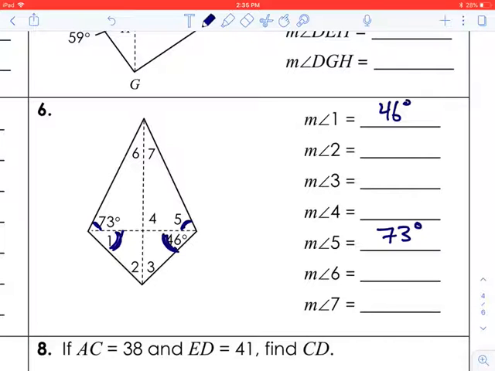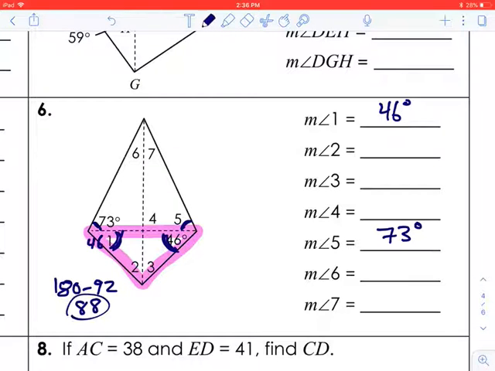If that's 46 and 46, then 46 plus 46 gives us 92, and 180 minus 92, since again, look at the triangle that's created here. So I can get that whole angle there. It's going to be 78. No, that's wrong. 88.